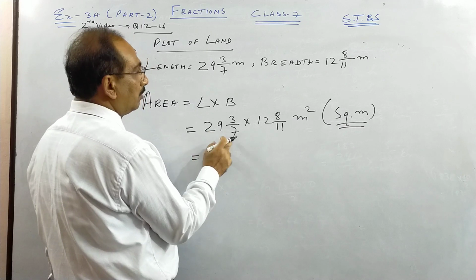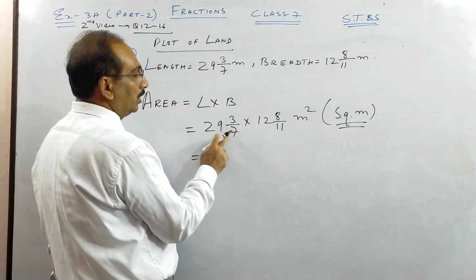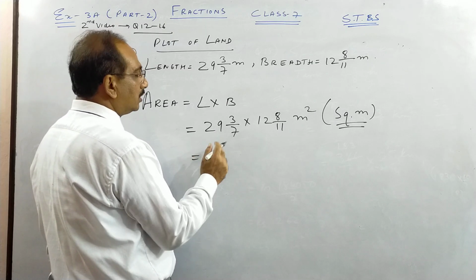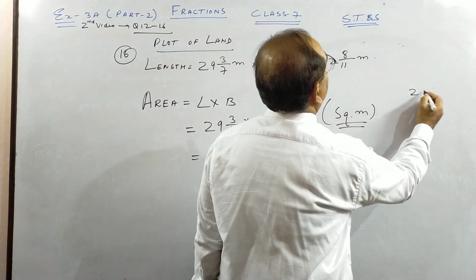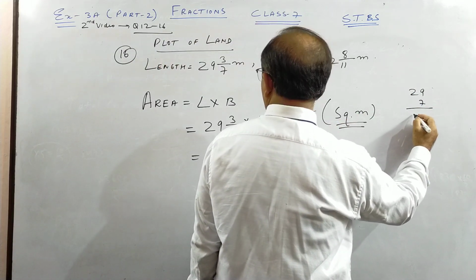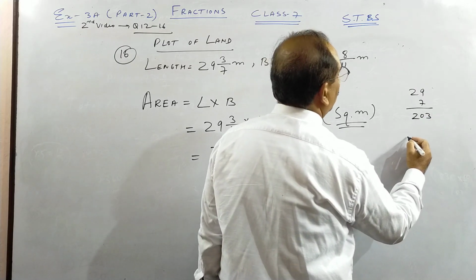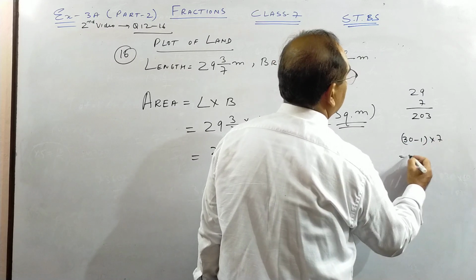What I do, you can multiply 29 sevens in traditional method. I do 30 sevens, 210 minus 7. So you can see how I do, you will get 206 by 7. So if you do like this, you will get 203. How I do is 30 minus 1 into 7.